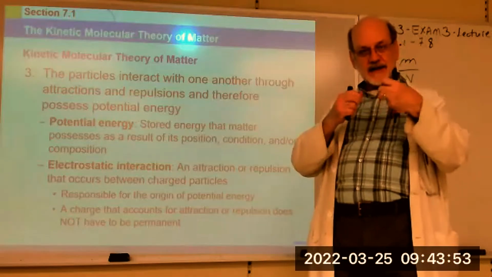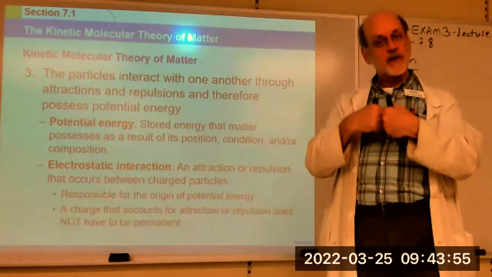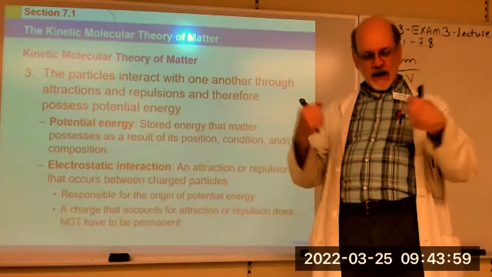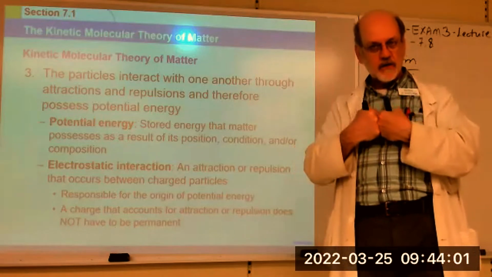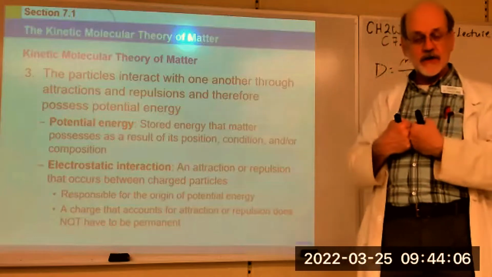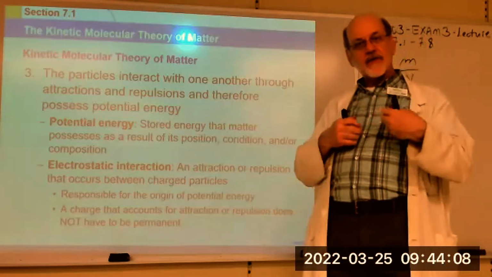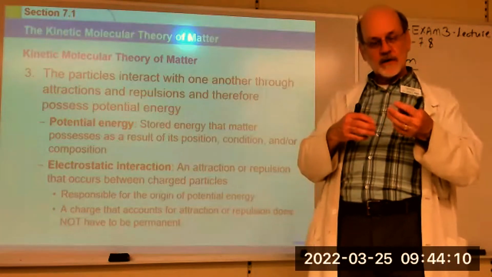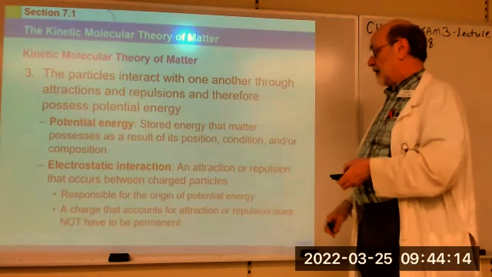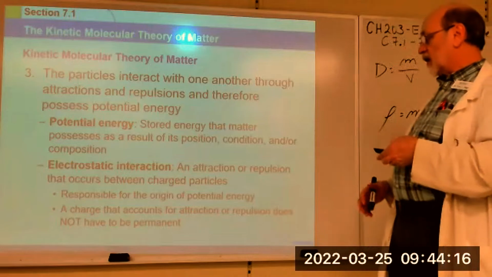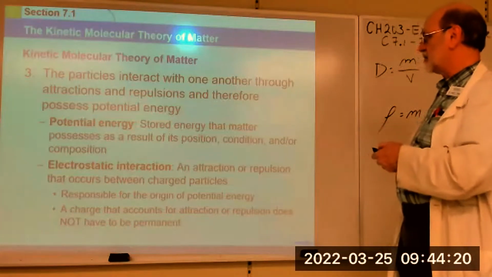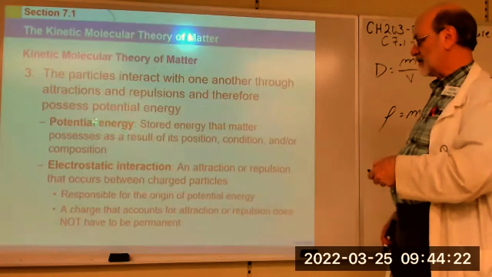But we're going to take that starting point, and now we're going to say, okay, we know for a fact that when a molecule approaches another molecule, or an atom approaches another atom, or an ion approaches another ion, there are either repulsive or attractive forces involved. And we're going to divide those up into these two conditions. Potential energy.